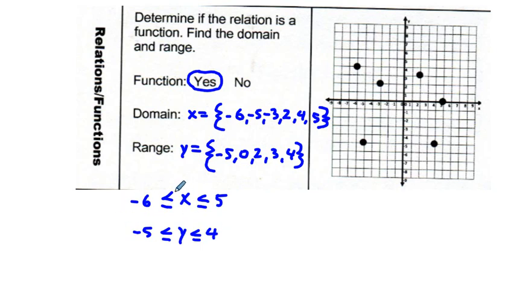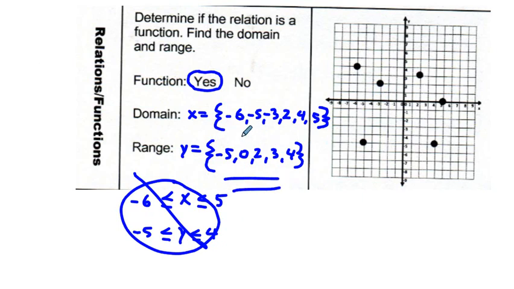Why is this incorrect? This inequality notation would include, for instance, x equals 0. But x equals 0 is not part of the domain. The domain is only where the x values exist. So this type of solution set is wrong, and the ones I wrote up here are correct.